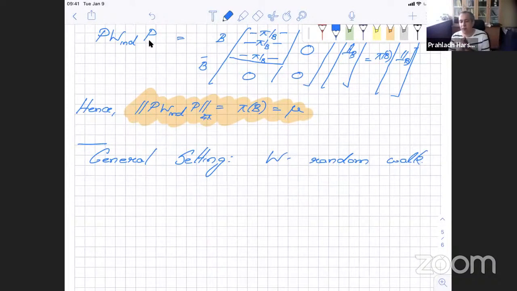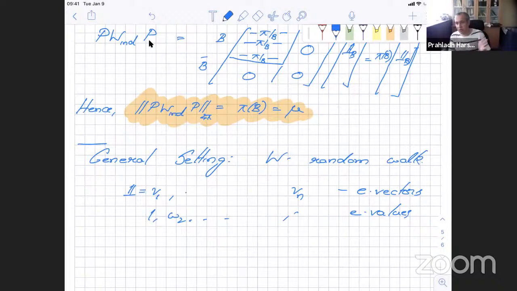A matrix is fully specified by the way it acts on the basis vectors. Once you specify that, a matrix is fully specified, and we have a nice basis. The right eigenvectors form a nice basis. So we had v1, v2, up to vn, and v1 in fact was the all ones vector. These form eigenvectors with eigenvalues 1, omega 2, all the way up to omega n, and these were greater than or equal to minus 1.